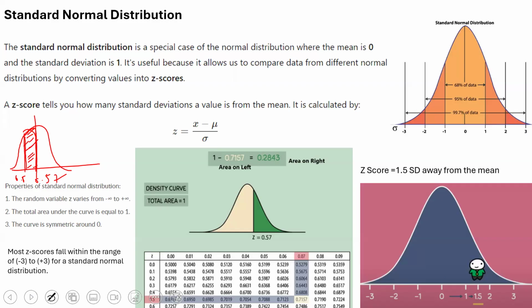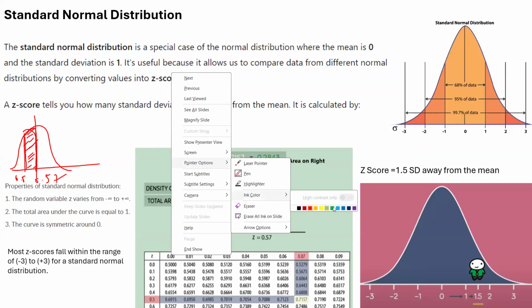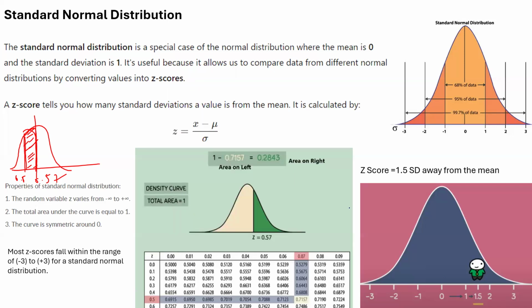Z-score of 0.57 minus z-score of 0.5. That's all. To find the area under this part, you first find the area under the whole curve, starting from here to here.